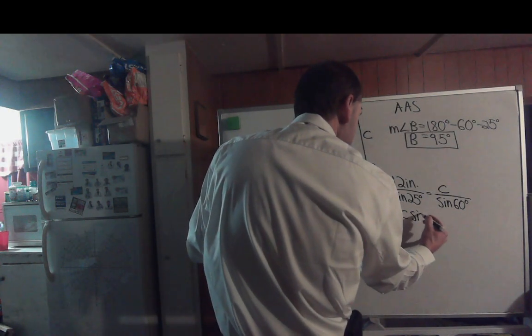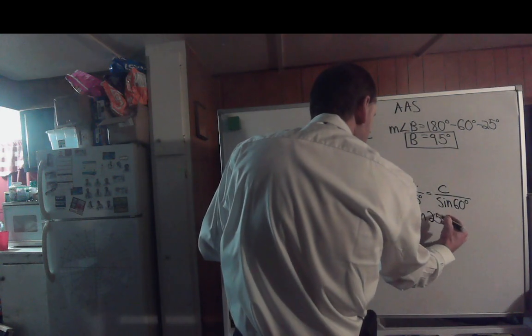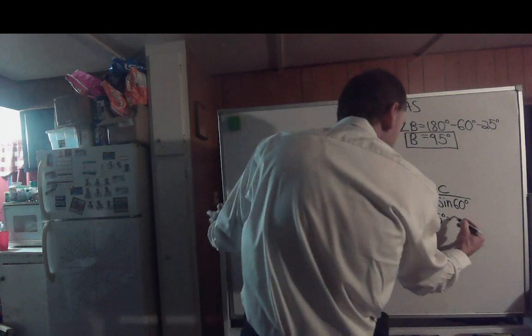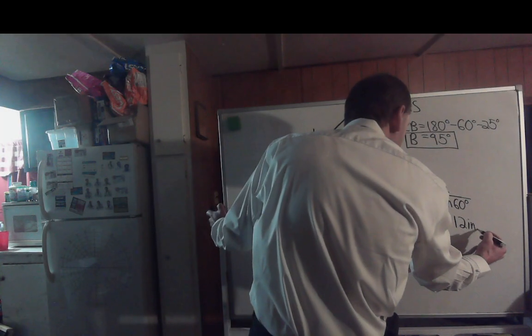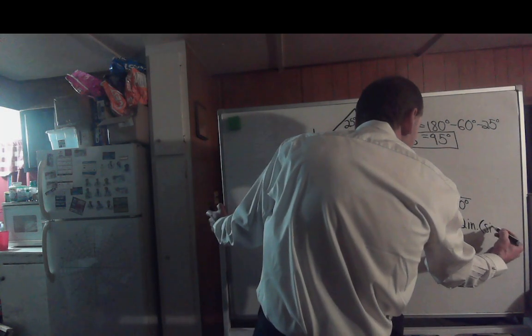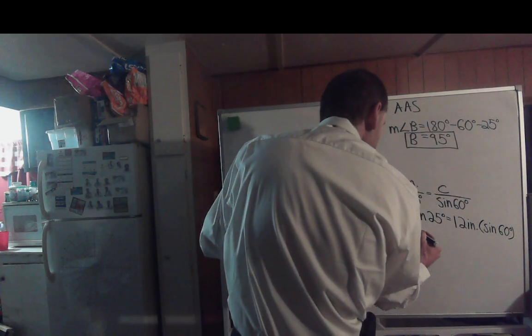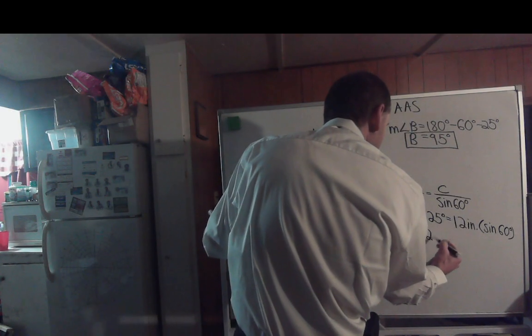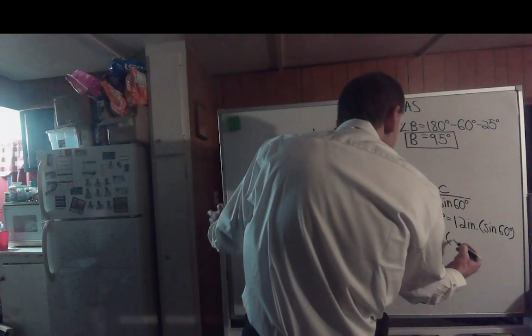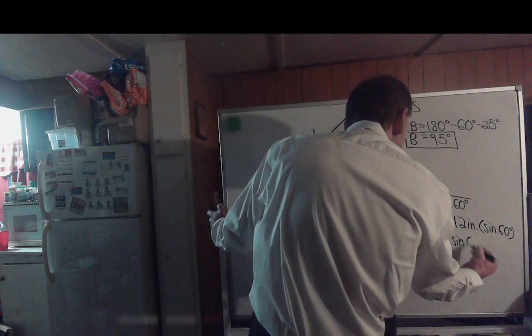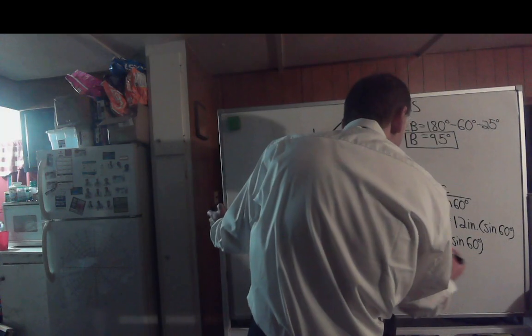So that means then we'll cross multiply, so take C times the sine of 25 degrees. That would equal 12 inches times the sine of 60 degrees. So then C is exactly equal to 12 inches times the sine of 60 degrees all over the sine of 25 degrees.